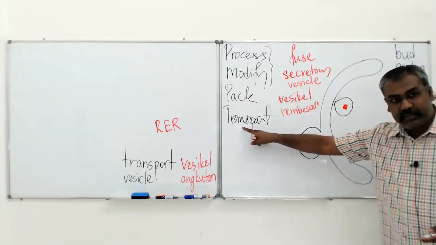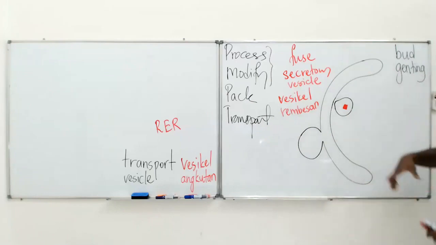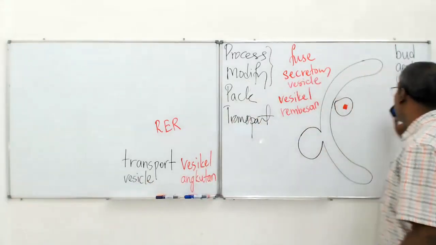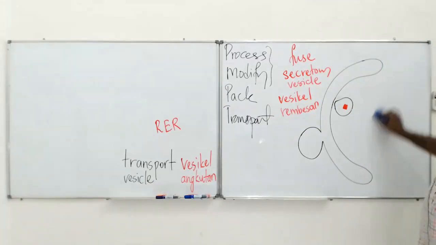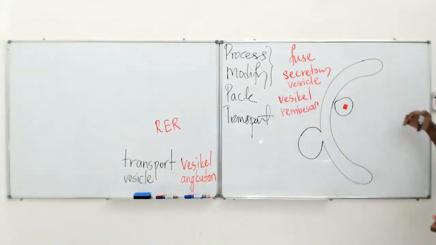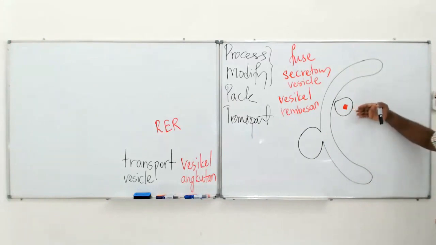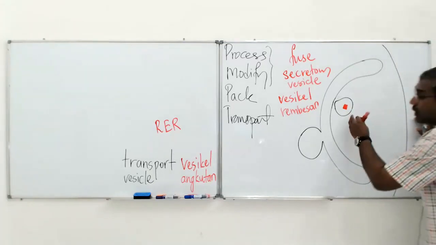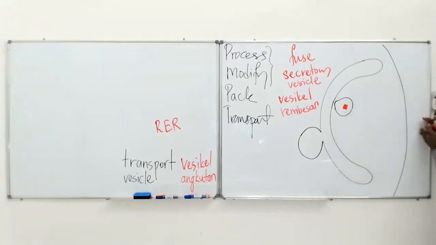Kemudian transport. Transport bermaksud sekarang katakan contoh, enzim itu bekerja di luar sel. Katakan this enzyme works outside the cell. So now what must happen? Let's say this is plasma membrane.